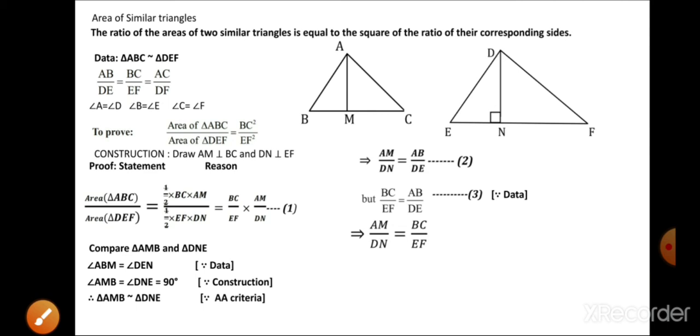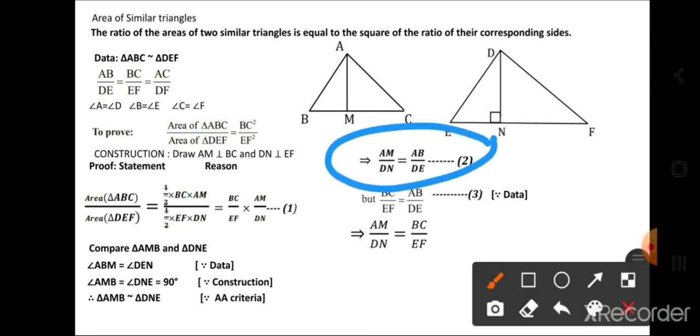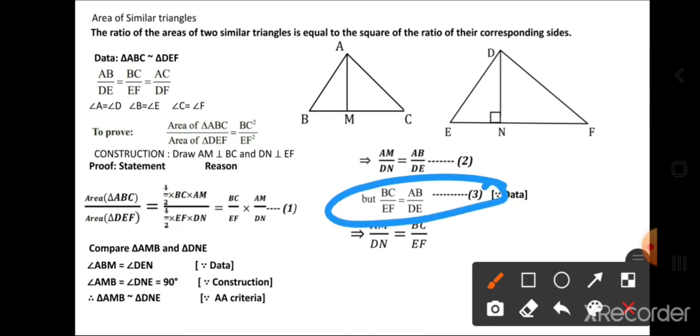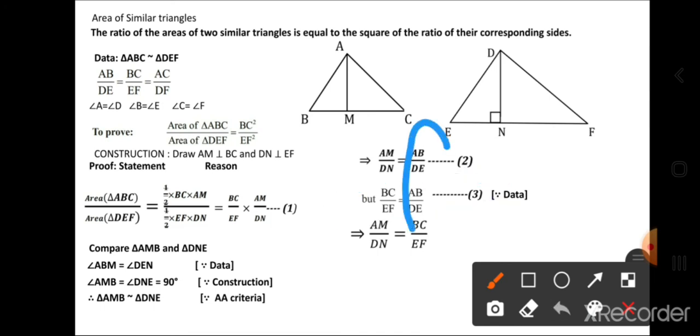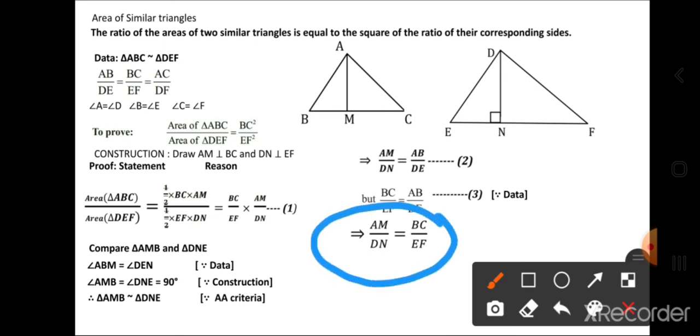The reason is we got it from the given data. When you compare equation number 2 and equation number 3, you can see that AB by DE is on the right-hand side of both. Since the right side is the same, the left-hand side has to be the same because of axiom 1, that things which are equal to the same thing must be equal to one another. Therefore, AM by DN is equal to BC by EF.